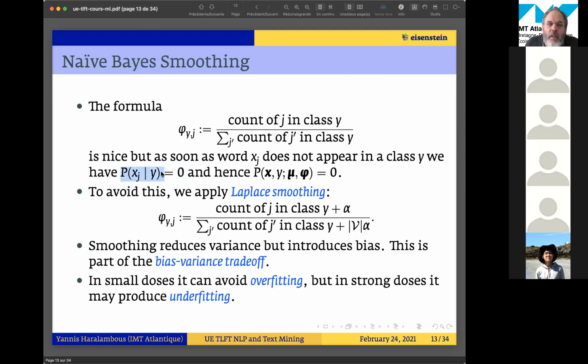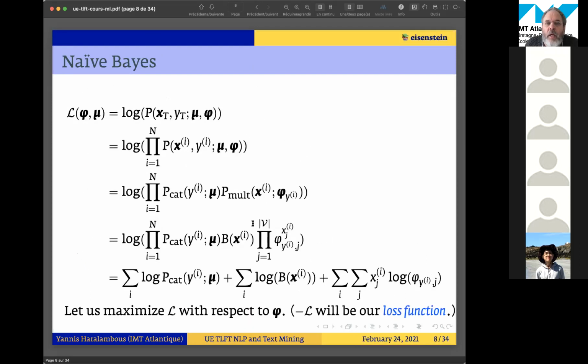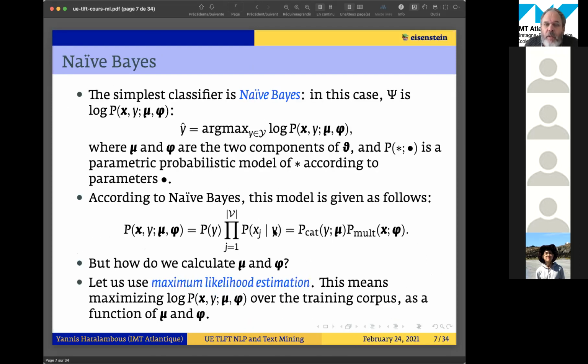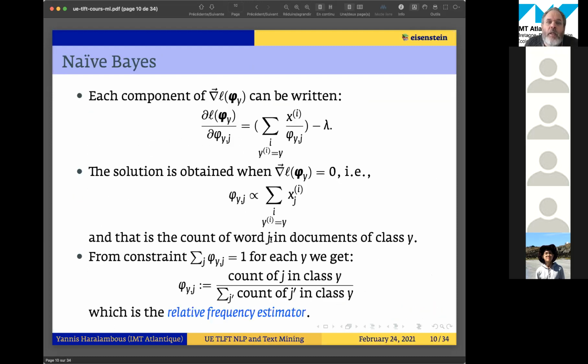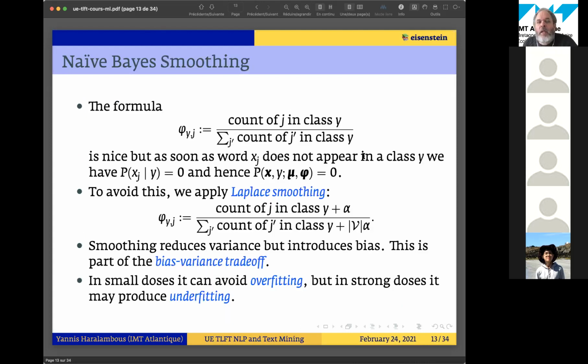But this is only one term of this big product we have here. And one term is 0, the whole product is 0, so the whole probability is 0. So this means that one word is missing and the whole probability gets 0, which is not a good thing.